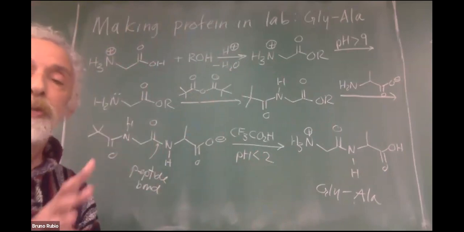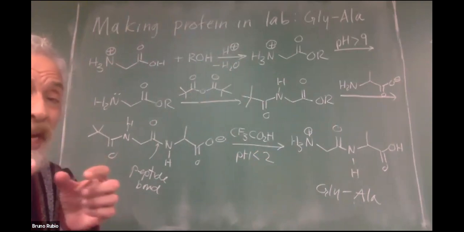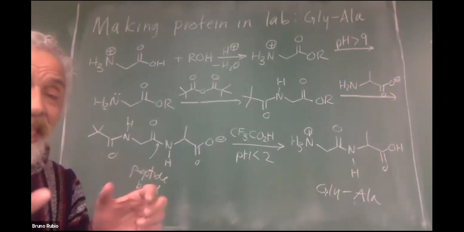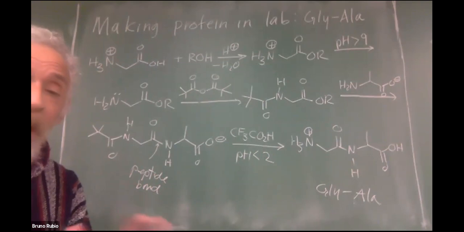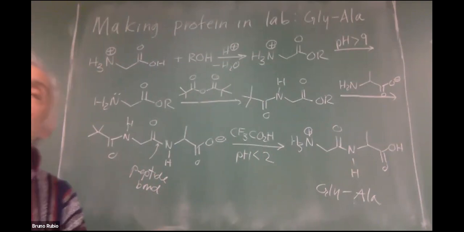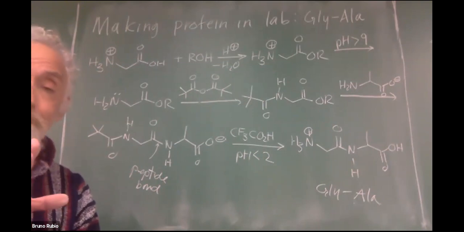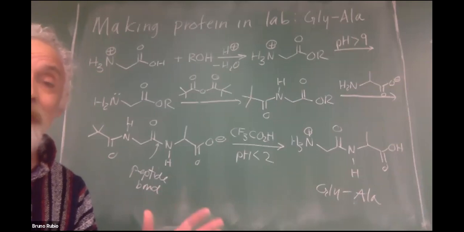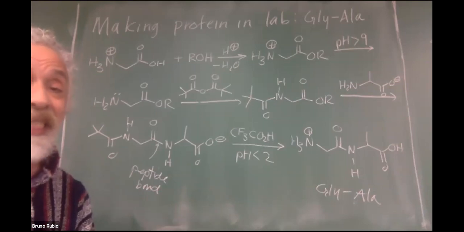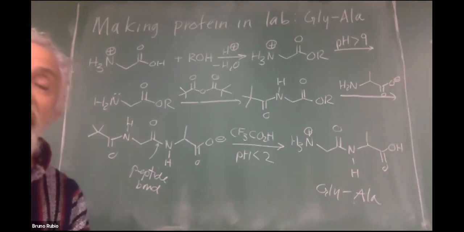And even though the procedure is automated, and even though it's not someone necessarily in the lab fiddling around with test tubes and heating things on a heating mantle or a boiling water bath or stuff like that, because there are so many steps, protein synthesis of a big protein that has more than maybe 8 amino acids in it, it's just not practical in the laboratory, but it can be done.